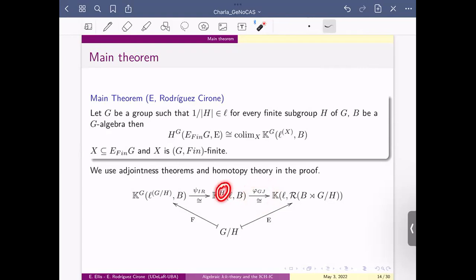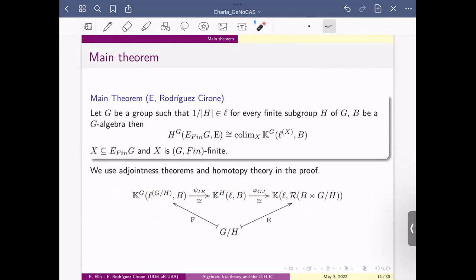If H is finite, then we can apply Grignol, and here we don't have any restriction on the group. Then what we do is consider these morphisms at the level of spectra, that Emanuel proved can be lifted to the level of spectra.